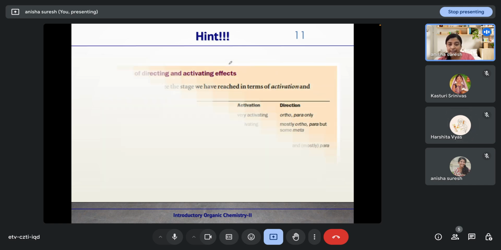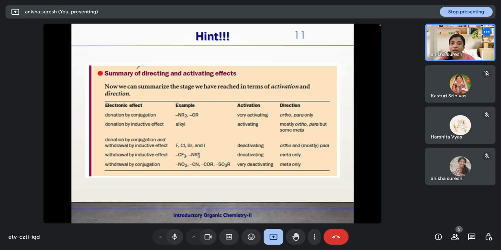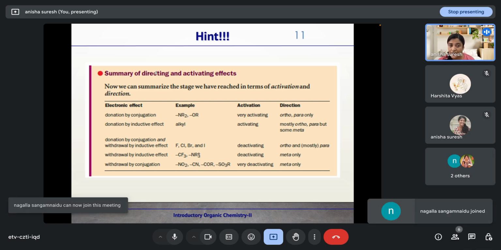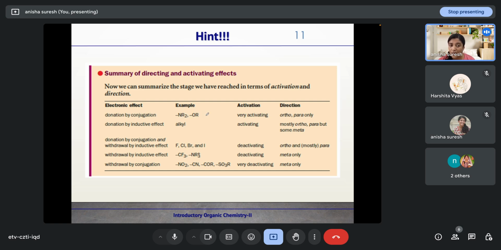So the hint for this is the summary of directing and activating effects for different groups. When the electronic effect is donation by conjugation, one example is NR2, OR. These are very activating in nature and they direct ortho para only.